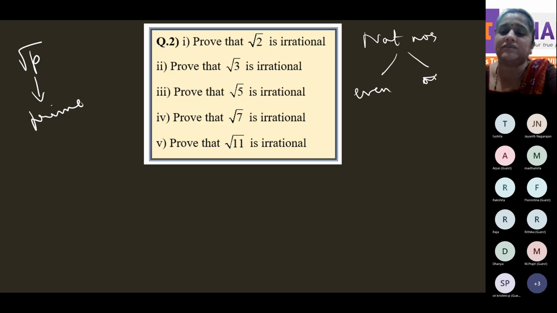wherein numbers are either even or odd. If a number is not even, then it's odd. When you take 5 or 7, for example, and divide by 2, the remainder is 1. If the remainder is 0, it is even. If the remainder is 1, it's odd.